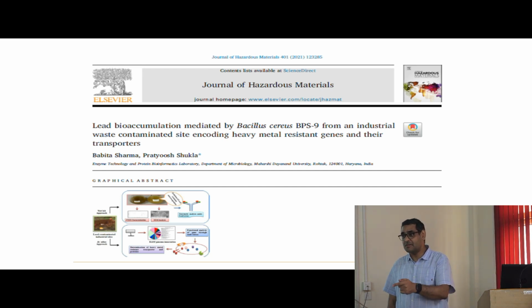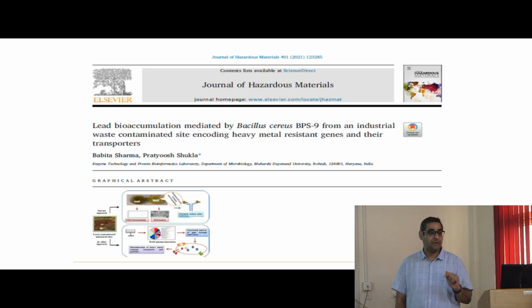So we have used this microbe for a SynCom, on which one of our postdocs was working. That is a synthetic community, the synthetic consortium which I showed you in the morning. We used one of these microbes because we now know that this microbe is good.